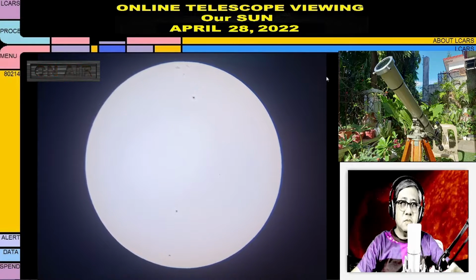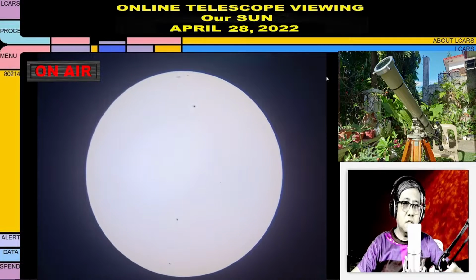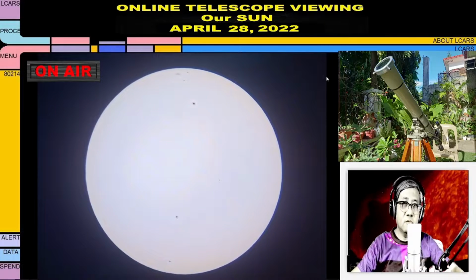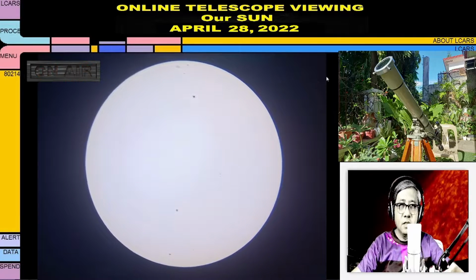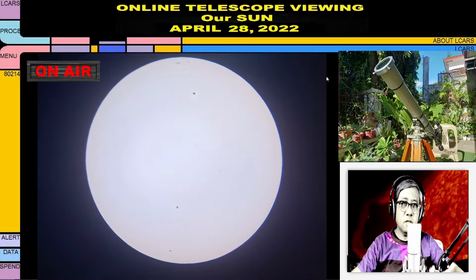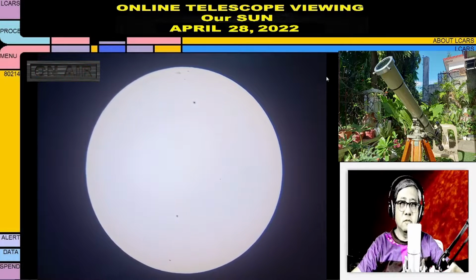Alright po mga ka-spacers, ang tanong, bakit mas malamig sila ng konti? Why is it that sunspots are relatively cool? Because they form at areas where magnetic fields are particularly strong.